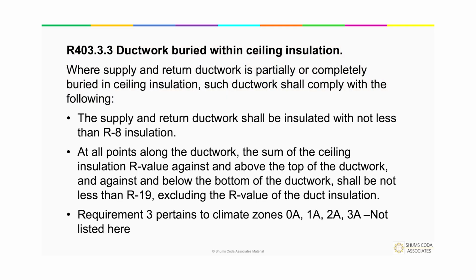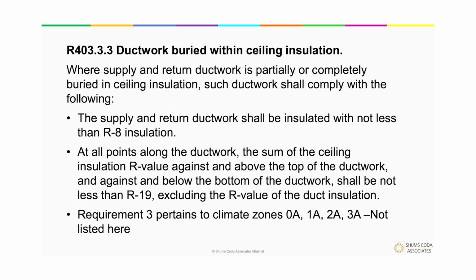So, you have to insulate your ductwork, supply and return, to at least an R8. You also have to have below the ductwork a minimum of an R19 insulation, and then have the remaining insulation for that ceiling insulation surrounding it. So for us, we're going to have like an R19 above it.